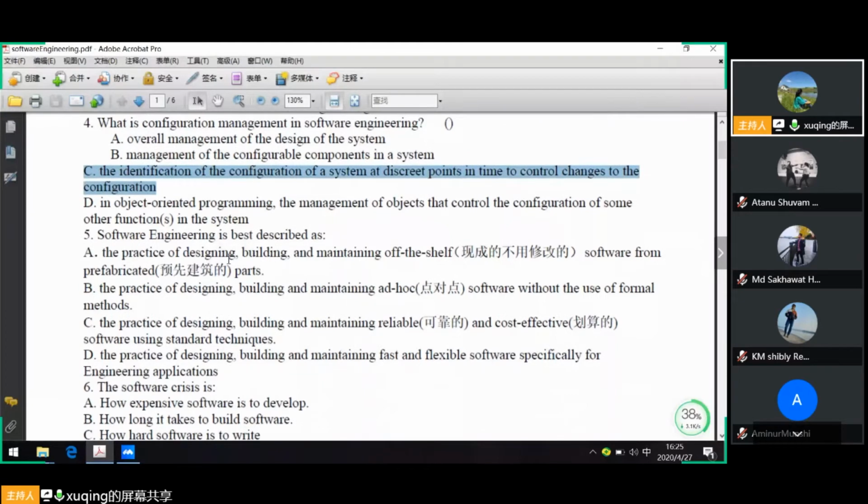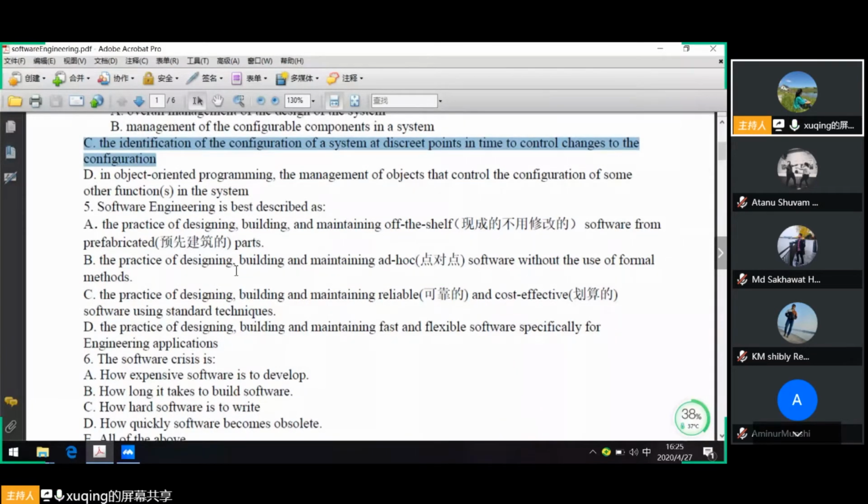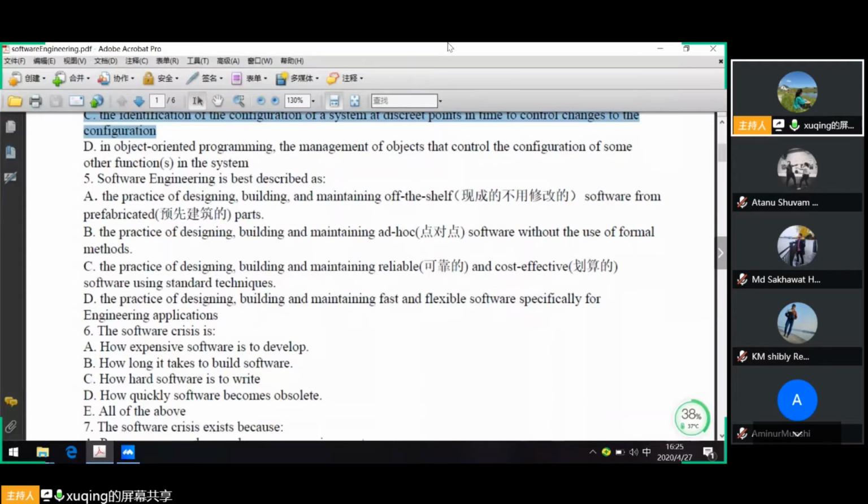And for the fifth, software engineering is best described as: A, the practice of designing, building, and maintaining off-the-shelf software from prefabricated parts. B, the practice of designing, building, and maintaining ad hoc software without the use of formal methods.